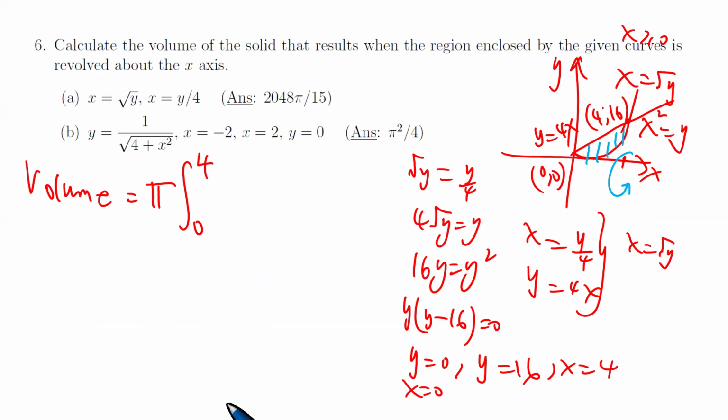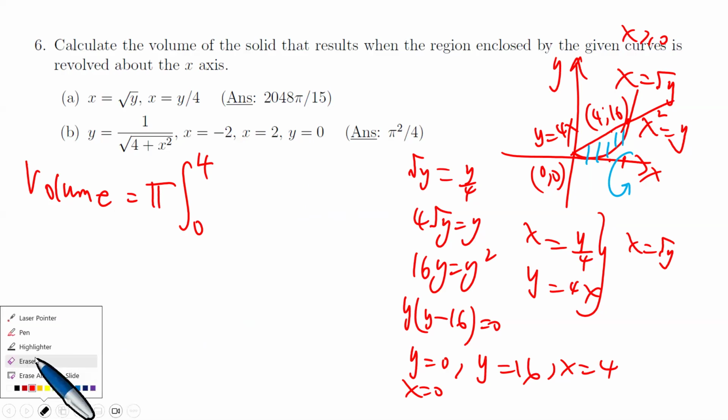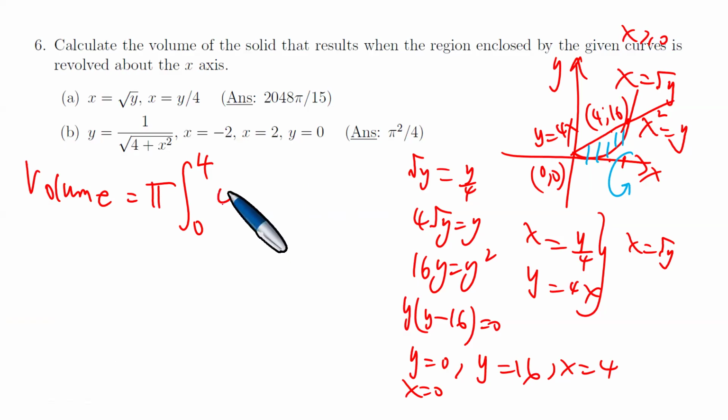So there's going to be something we call the outer radius. The outer radius, because if you look at this here, the distance here is going to be the outer radius, which is going to be the straight line squared, minus the inner radius, which is going to be exactly x squared. The outer radius is going to be exactly 4x minus 0, squared.